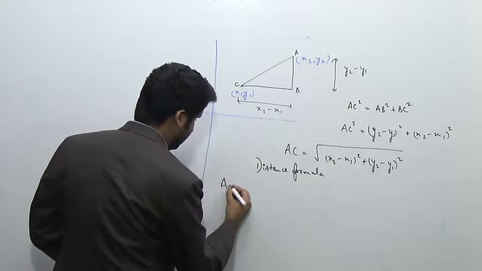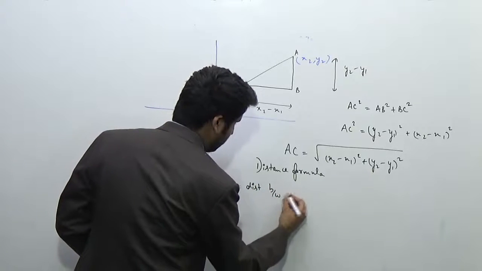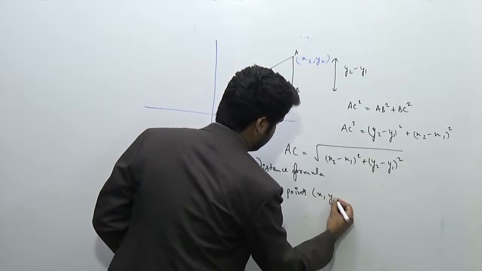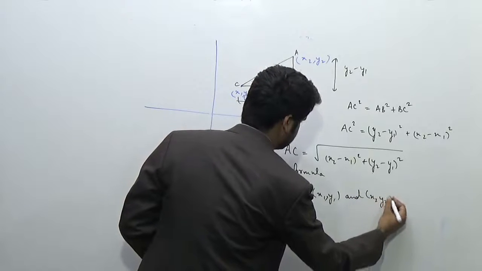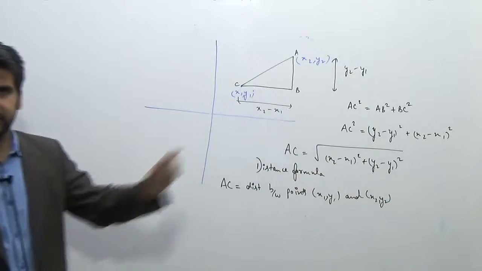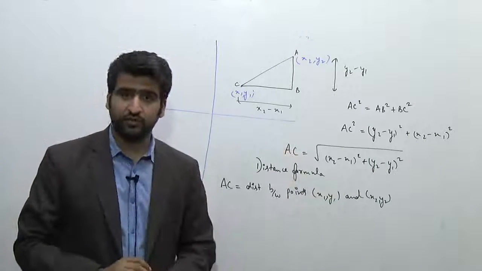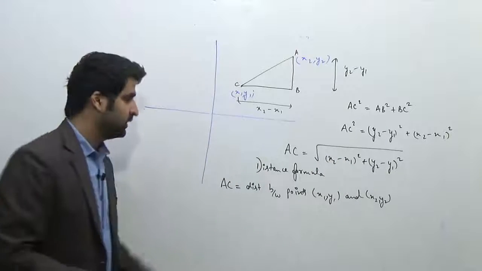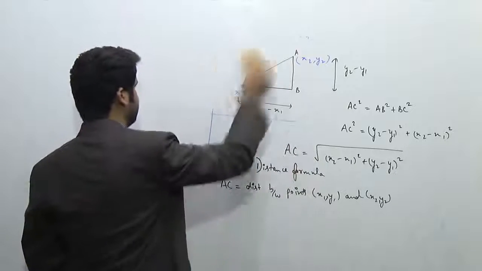Here AC is equal to the distance between points x1 y1 and x2 y2. This is pretty simple stuff. This is just the application of the Pythagoras theorem, which we've been learning for the past 4 classes. Everybody is clear with this stuff? Okay, let's move to the next topic.